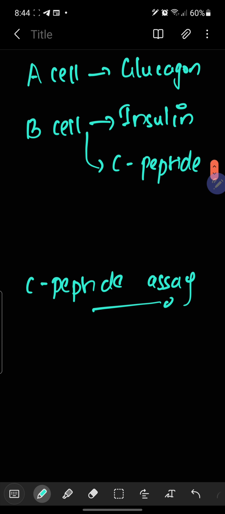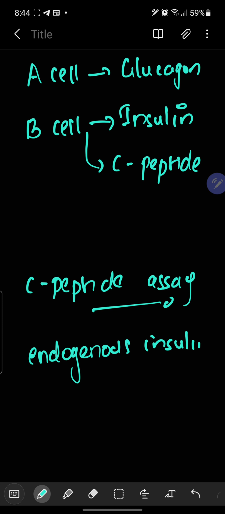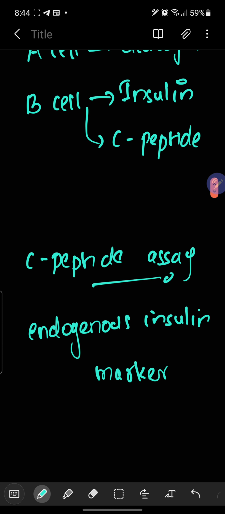In the C peptide assay, we can determine the amount of C peptide in our blood, which will be equal to the insulin level. Hence it is used as an endogenous insulin marker.